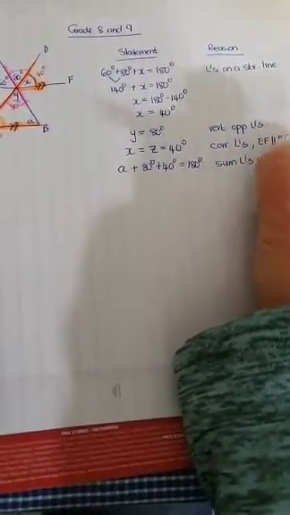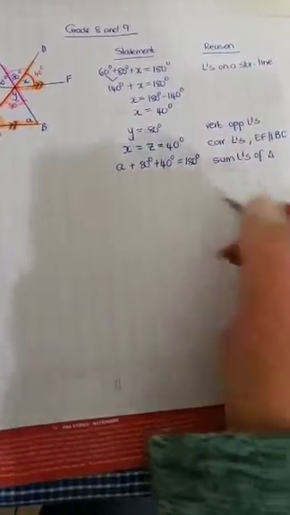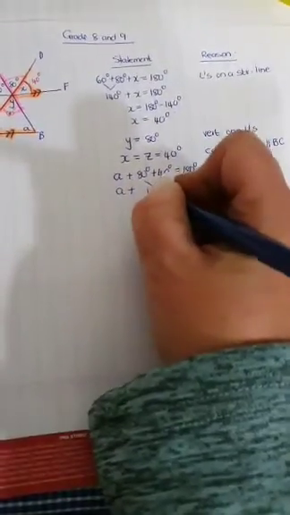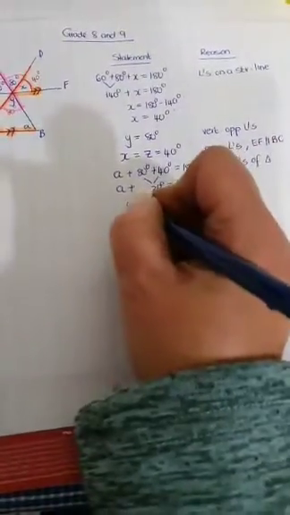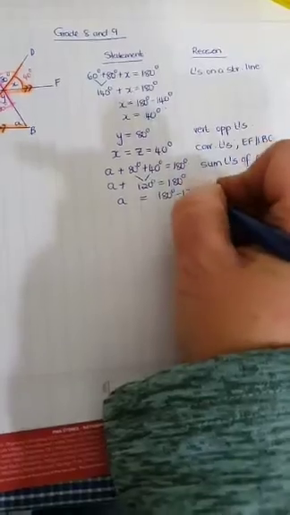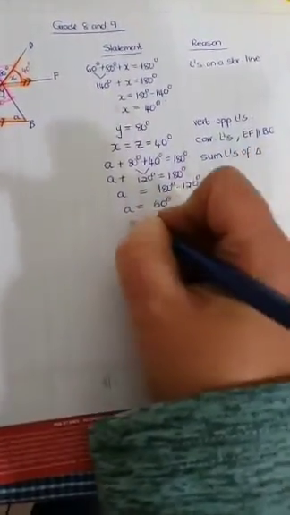Why are you making that statement? Because of sum of angles of a triangle. Again, you add your numbers. This becomes 120. To get the letter alone, you take 120 across, change its sign, and A will equal to 60 degrees.